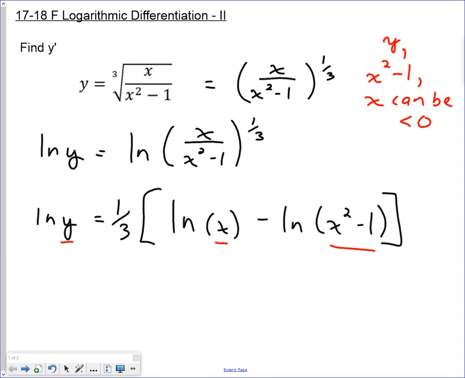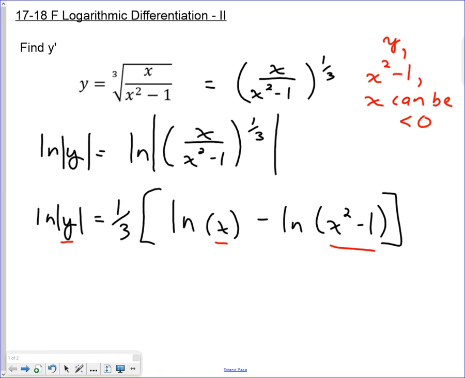So to make sure we're not taking the log of a negative value, what we should do is when we take the log, we should make sure we're taking the log of the absolute value of these things. And that absolute value can kind of propagate through here when we break this up.